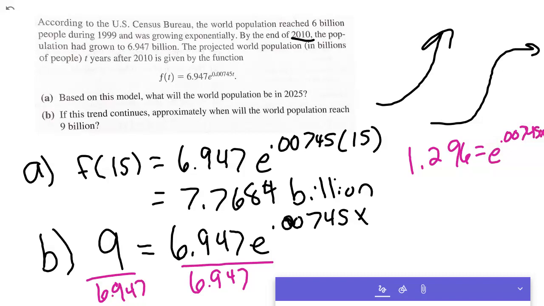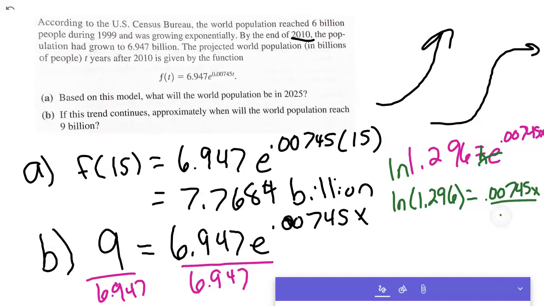0.00745x. And then you would natural log both sides. Stick that in both of those. And so you'd have natural log of 1.296 equals 0.00745x. And the ln cancels out.